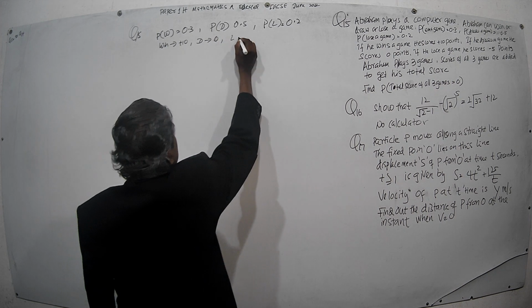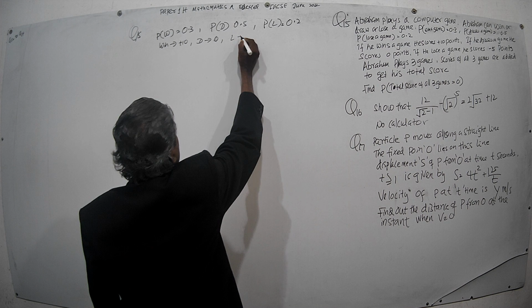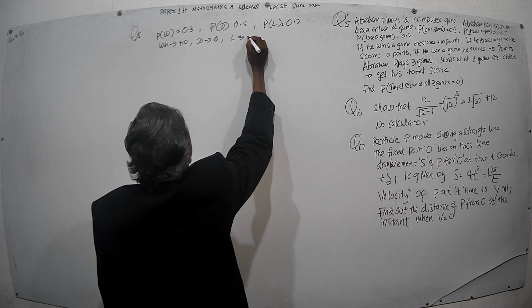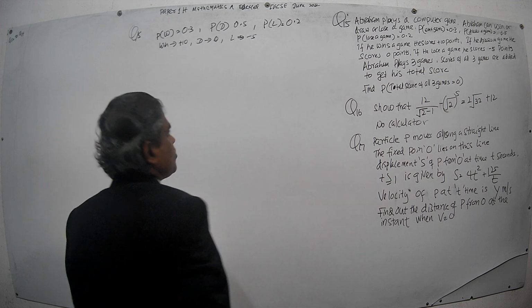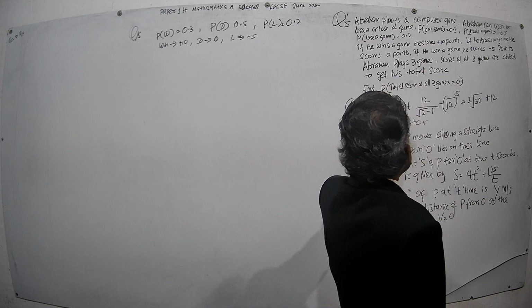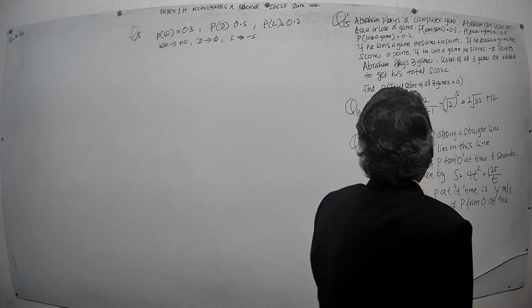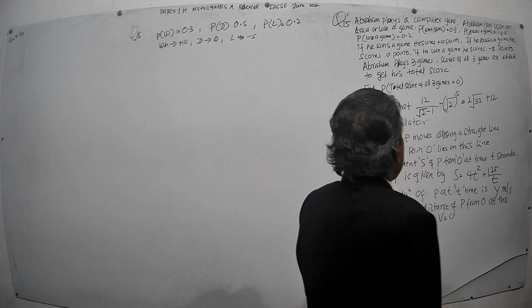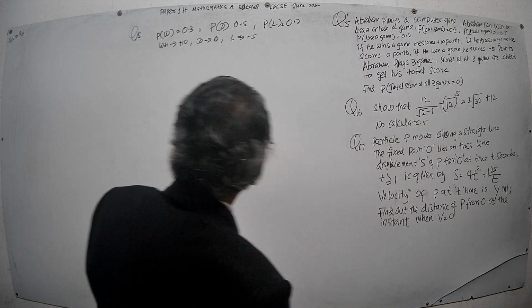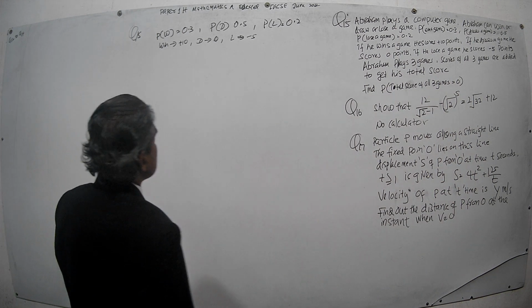Then the lose score is how much? Negative 5. Then they ask that he plays 3 games and they ask the probability that the total score of all 3 games is 0.